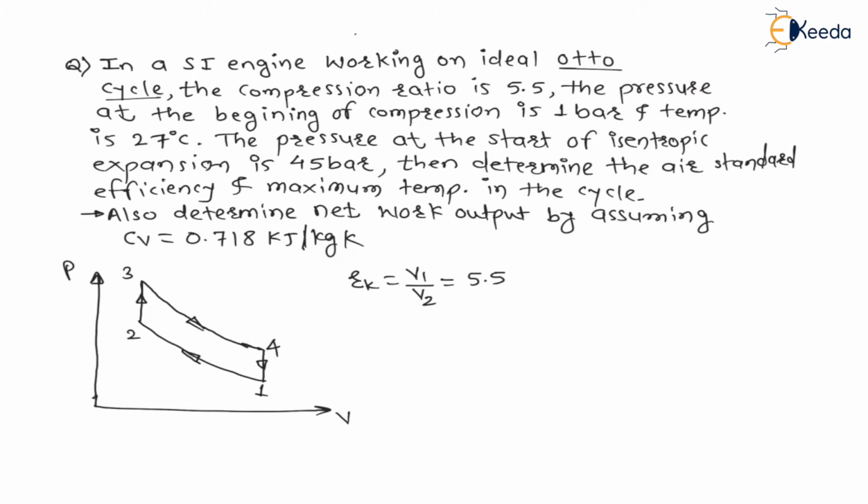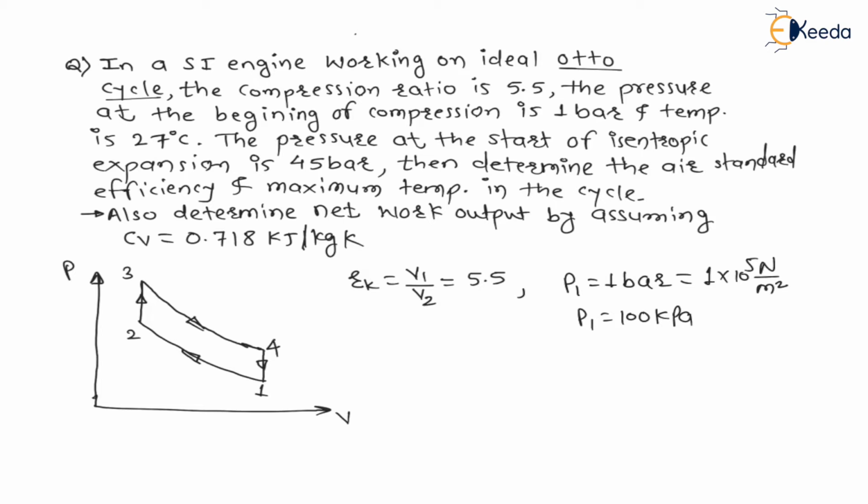The pressure at the beginning of compression is 1 bar and temperature is 27 degrees Celsius. Beginning of compression means state 1. At state 1 compression starts. Therefore, at 1, P1 is 1 bar, which is nothing but 1 into 10 to the power 5 Newton per meter square, or again we can say P1 is equal to 100 kilopascal.